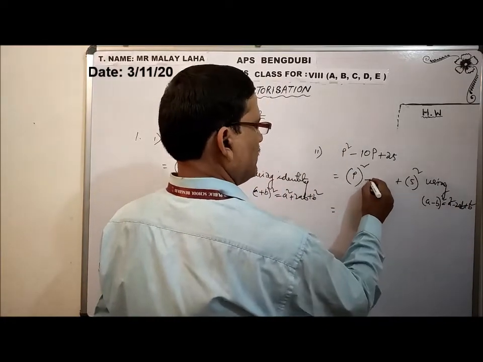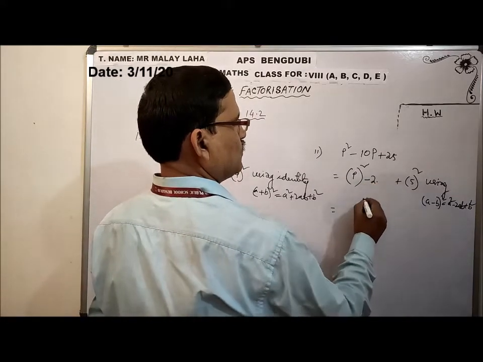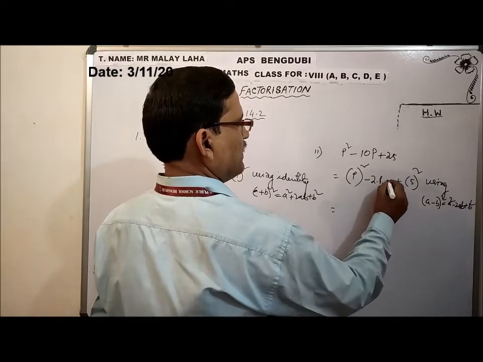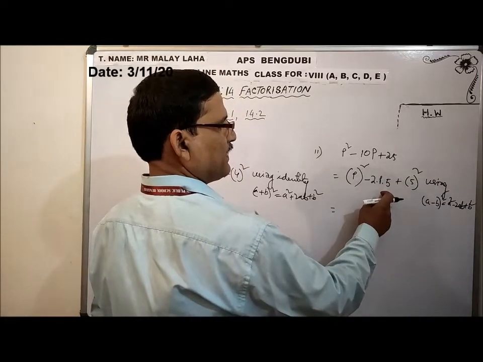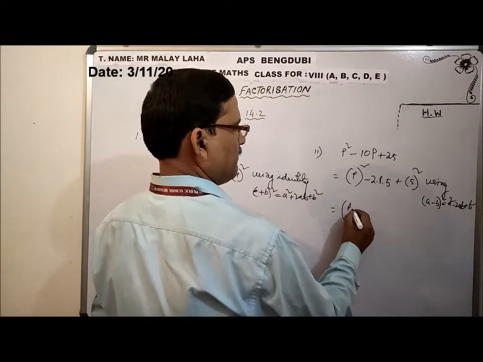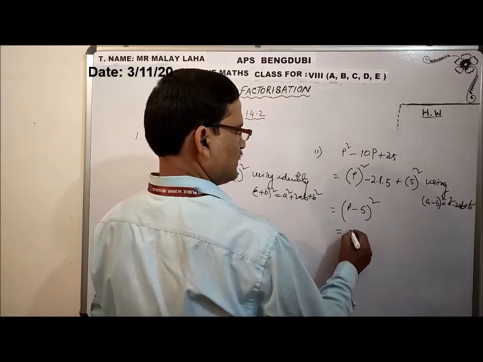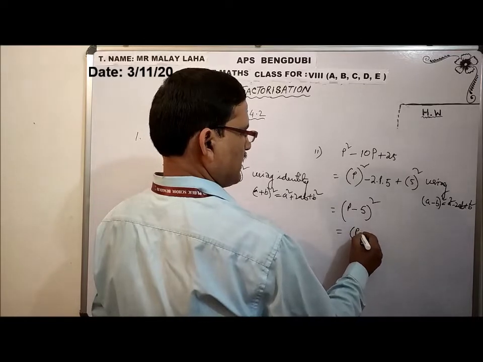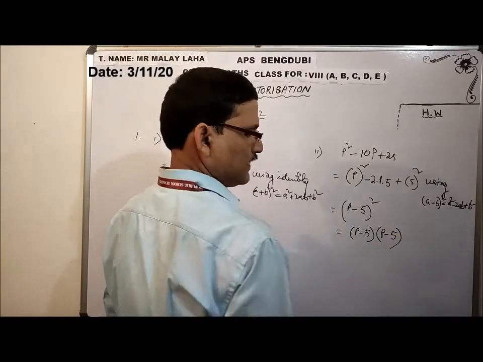In between, minus 2ab: a means 5p, b means 5. Now multiply, 2 5s are 10p. So it is the formula of a minus b whole square, and whole square means 2 times: that is 5p minus 5, 5p minus 5.